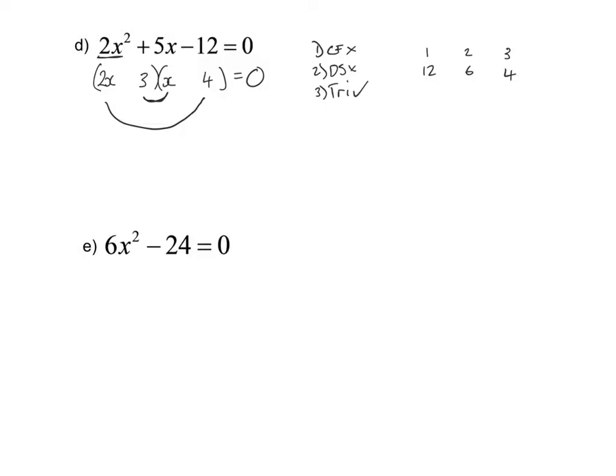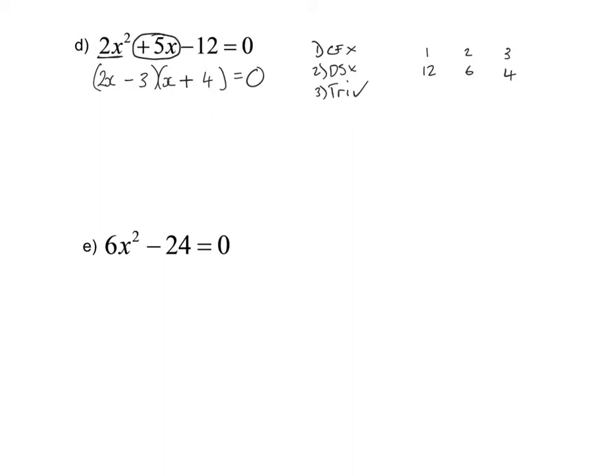The next thing is to say, well, my inner product here is 3x, and my outer product is 8x, and my target is positive 5x, so positive 5x down here. Now to get positive 5x, that's positive 8x, take away 3x. So if I want negative 3x, my inner product will need to be negative 3 times x, and if I want positive 8x, my outer product will be 2x multiplied by positive 4.